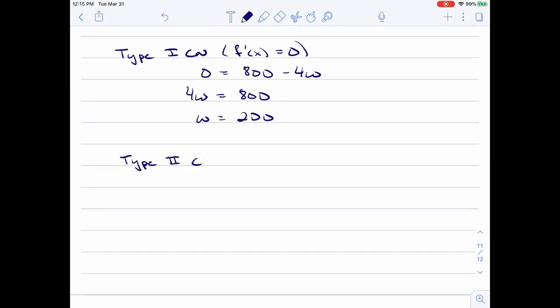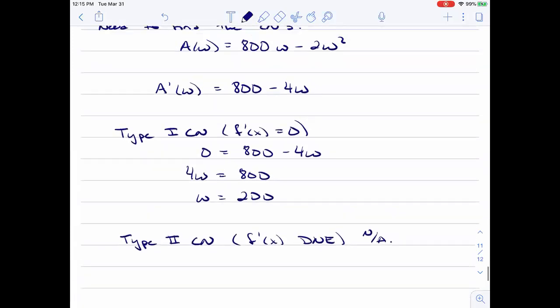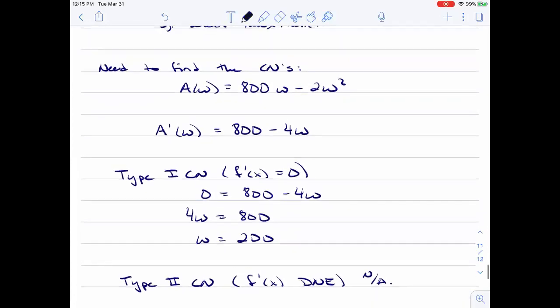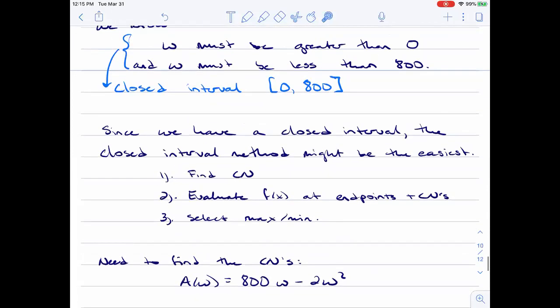There are no type 2 critical numbers, where the derivative does not exist, which is not applicable in this case. Okay, so we've got our critical number at W equals 200, and then our endpoints at 0 and 800.